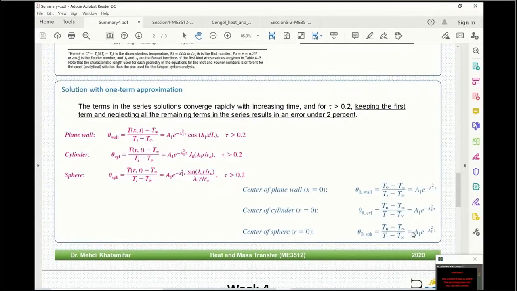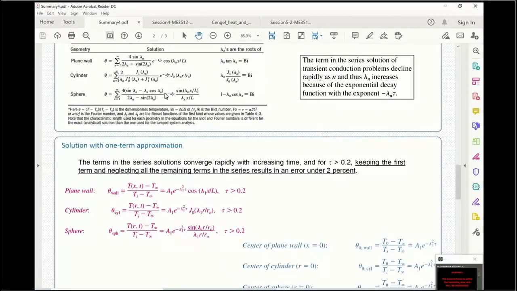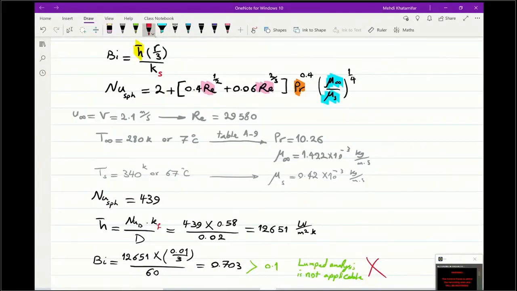So let's write down this formula and hope this tau is bigger than 0.2. If it's not, you can't use this one too, and you need to go back and use the original one. So let's check and hope for the best.